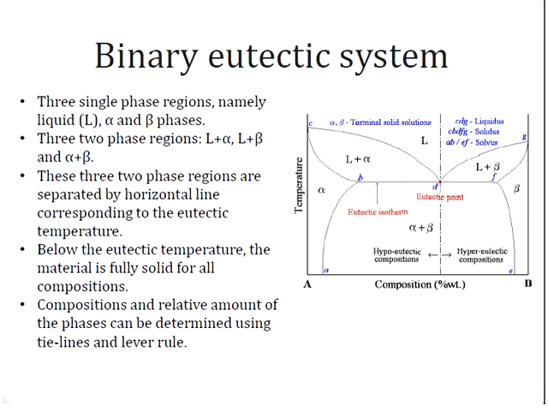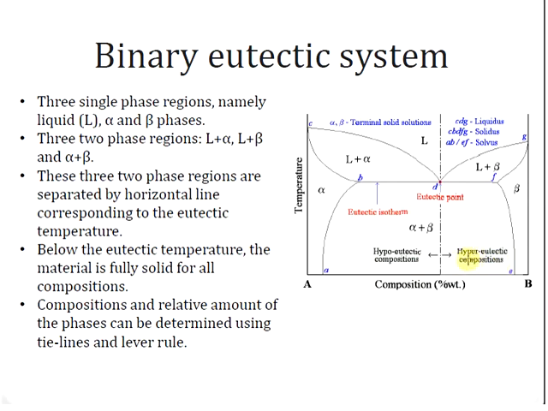Hypoeutectic means it has less of A, so in the previous example, less tin when compared with the eutectic composition, whereas hypereutectic means it has more of B, that is, more lead in the previous example.